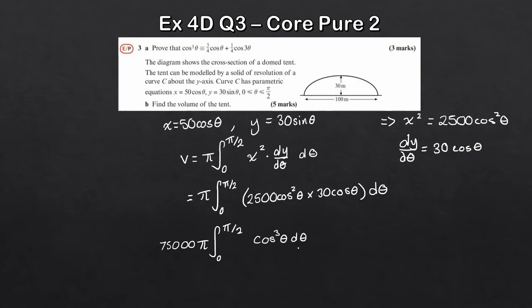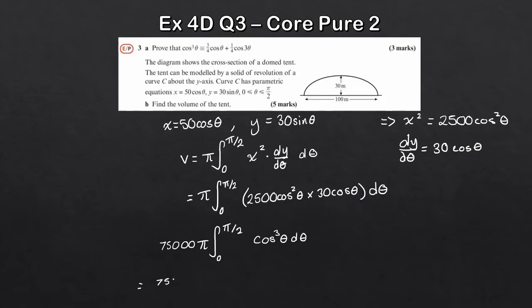And at this point, this is why we're given part A. We can use this identity now to make this a lot easier to work with. So the 3 over 4 and the 1 over 4, I can apply this denominator of 4 to the front here.